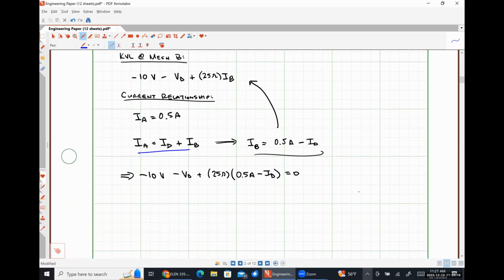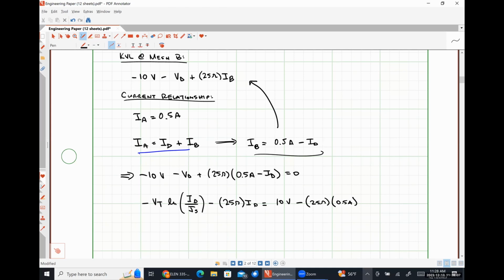All right. So I will have negative VD, which is negative VT times the natural log of ID over IS, minus 25 ohms times ID, is equal to 10 volts minus 25 ohms times half an amp.